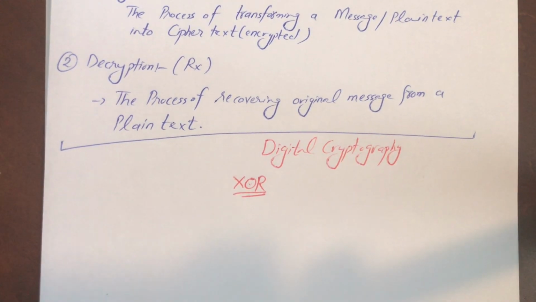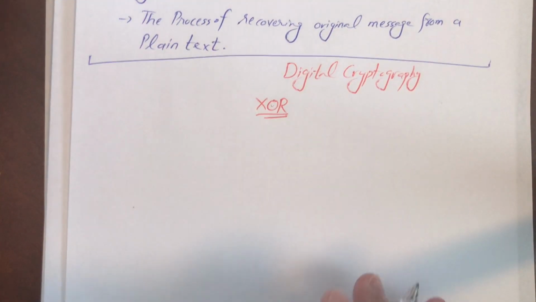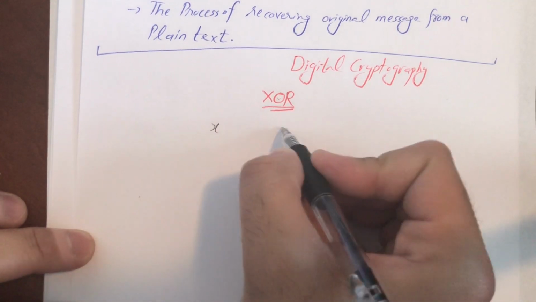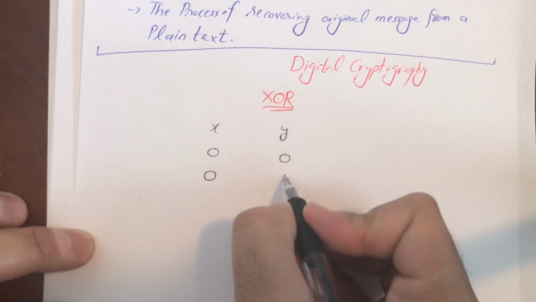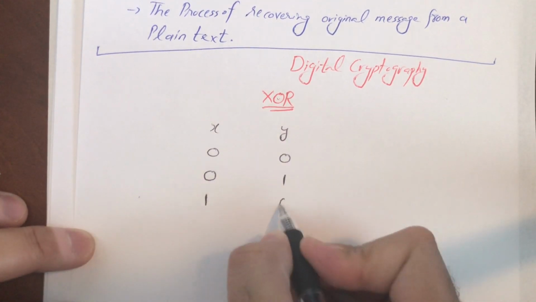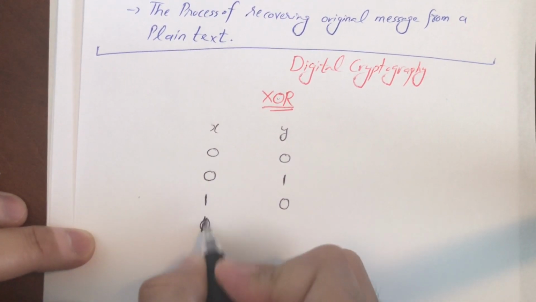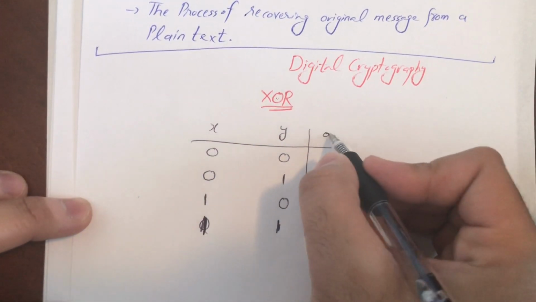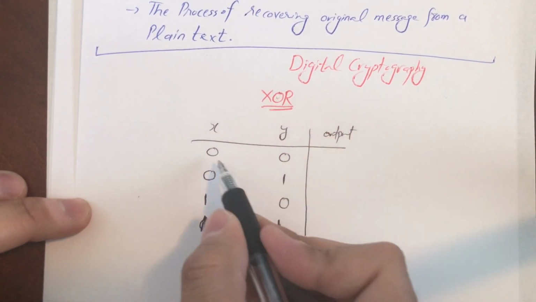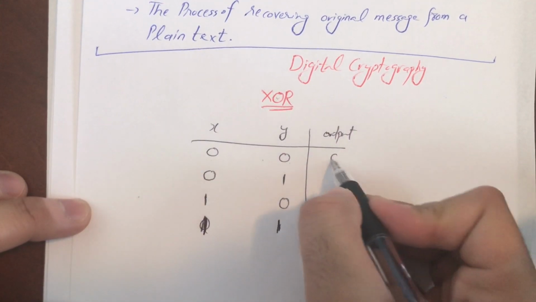You need to understand the XOR logic function, and let me write down a truth table. Let's say we have two inputs, X and Y. Both inputs can be 0, 0. X can be 0, Y could be 1, X could be 1, Y could be 0, or both could be 1, 1. If you take the XOR between these two inputs, if the two inputs are the same, the output will be 0.